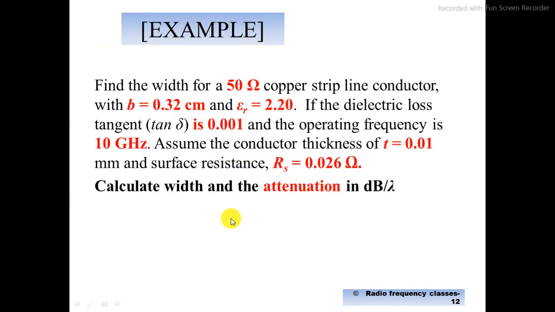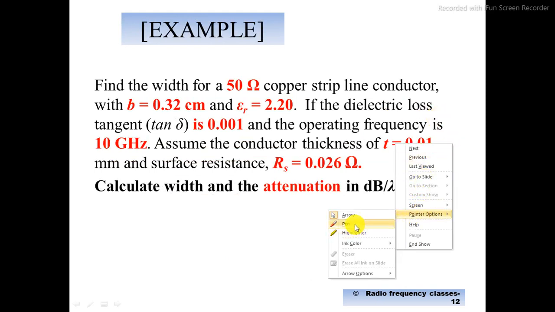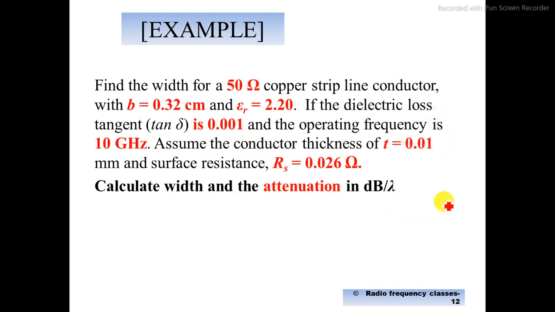Now moving further, I'll take an example and show you how to solve the problem for the given strip line. Here you can see I have taken a problem where we have to find out the width for a 50 ohm copper strip line. So Z0 is given in the question as 50 ohm, B is given as 0.32 centimeter. You have to remember, the unit always has to be converted into meter.